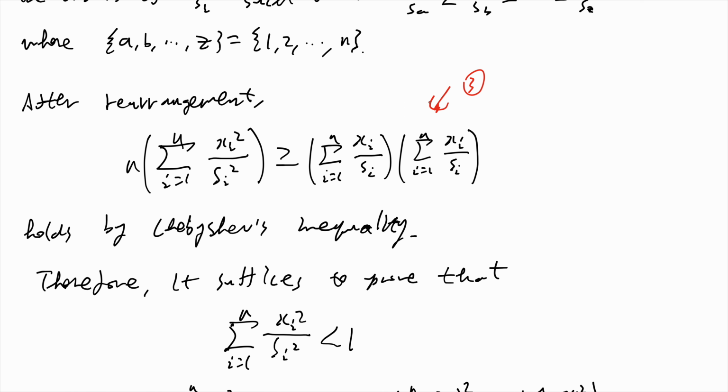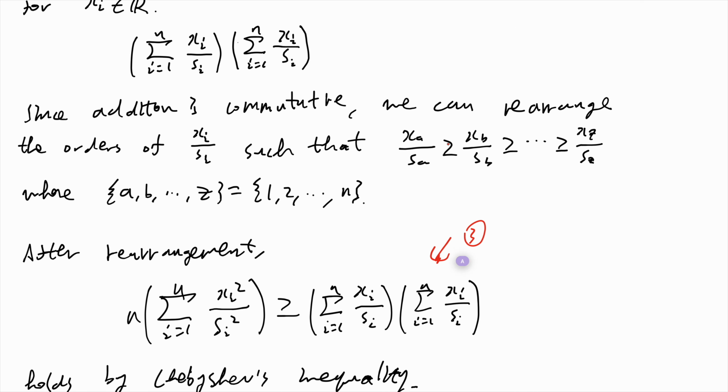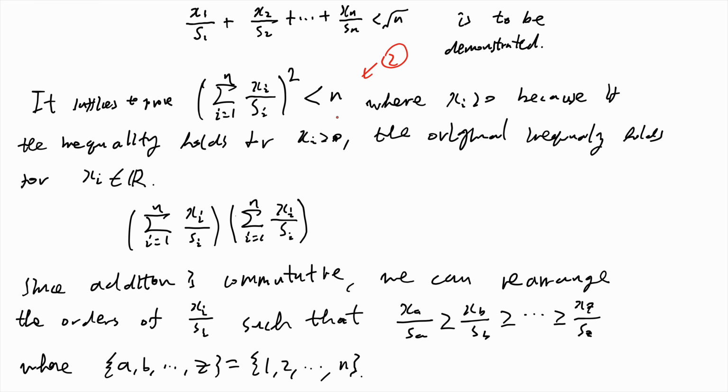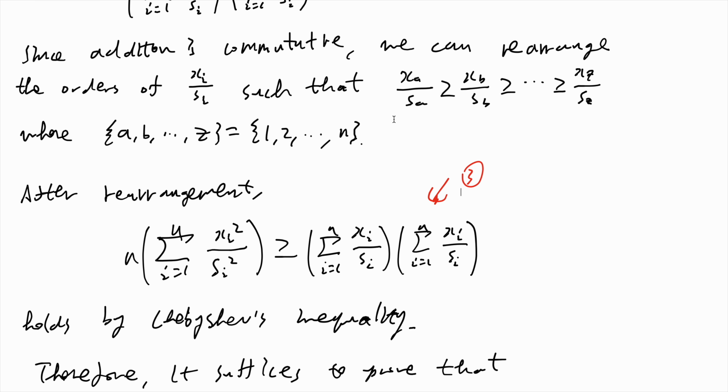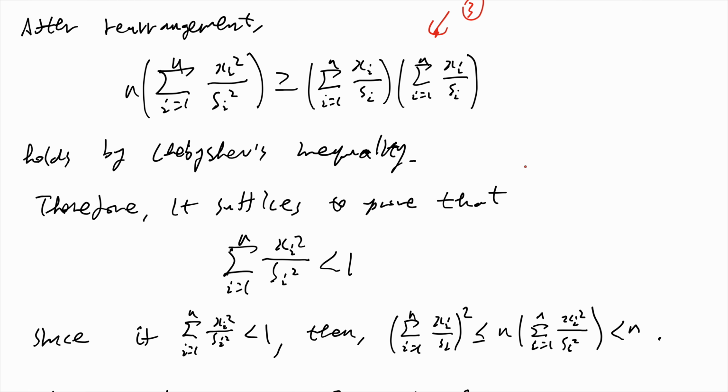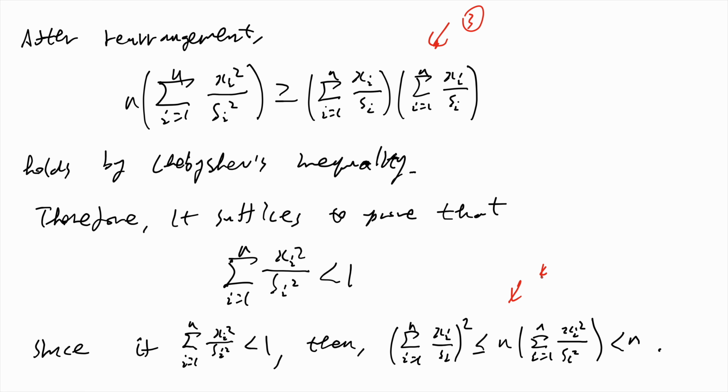But I think the third kick was something really strong because we have n here, and it also appears here. And proving this, I think this one is also a powerful kick. I think noticing the recursive property.